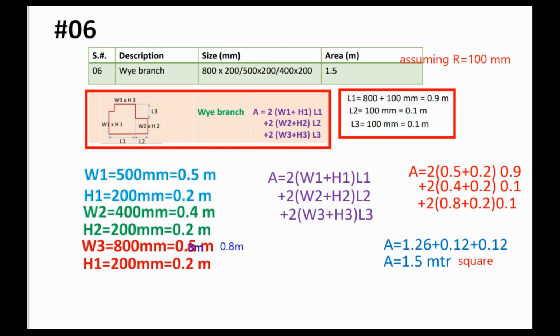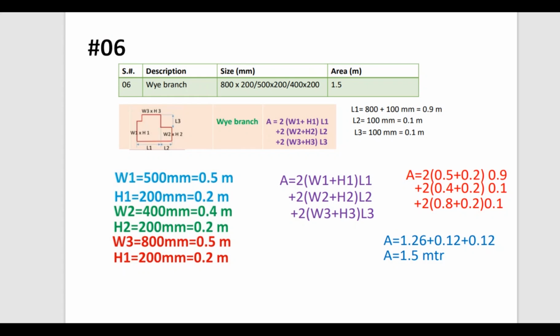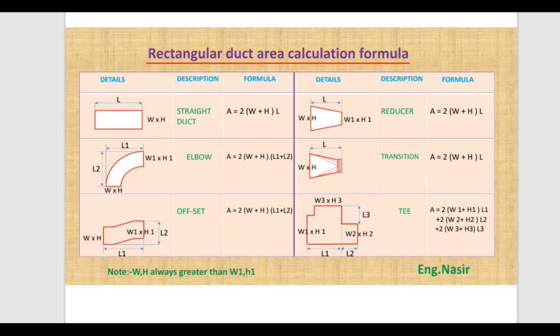When we apply these values to the formula, area equal to 2 times (width 1 plus h1) into L1 plus 2 times (width 2 plus height 2) into L2 plus 2 times (width 3 plus height 3) into L3, we get a result: area equal to 1.5 square meter. So in this way you can calculate the area of any rectangular duct using these formulas.